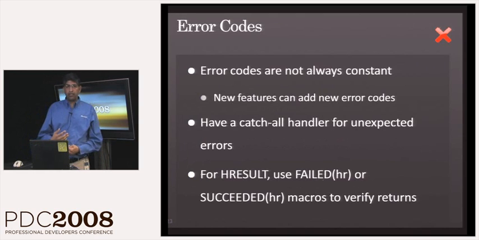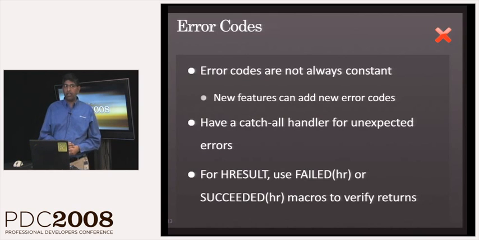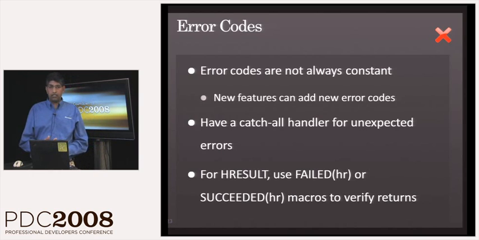The next topic is error codes. What does error codes mean? Every new feature in Windows, when an API changes on a new version, there's potential that new error codes are added. So if an application is looking only for specific error codes when they check return results, there's a large potential for the application to fail.